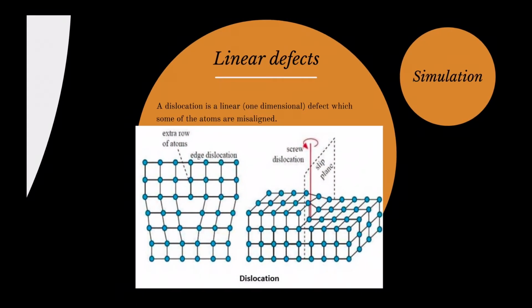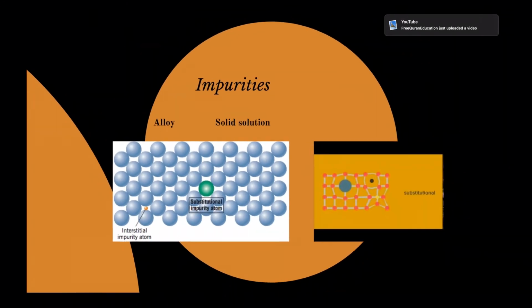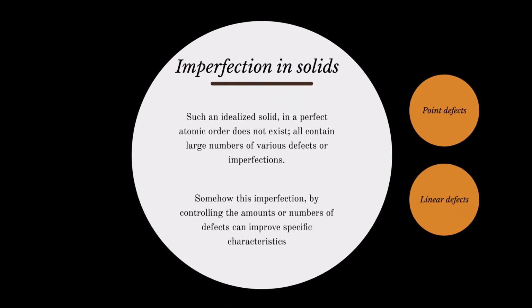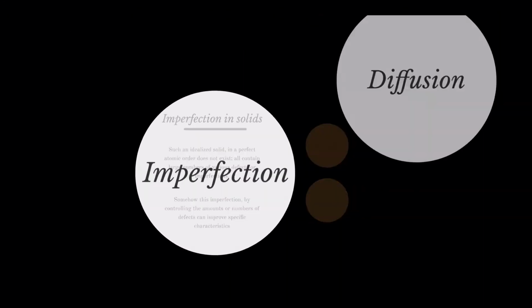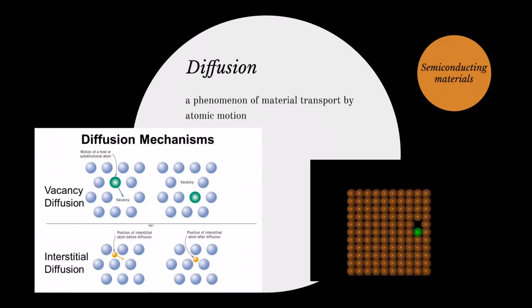So let's go back here, and we will go to the second section, which is diffusion. Maybe you've heard of it before. This is a phenomenon of material transport by atomic motion.